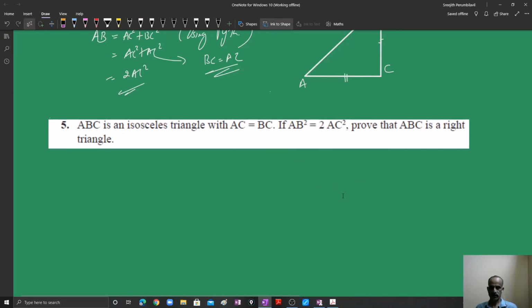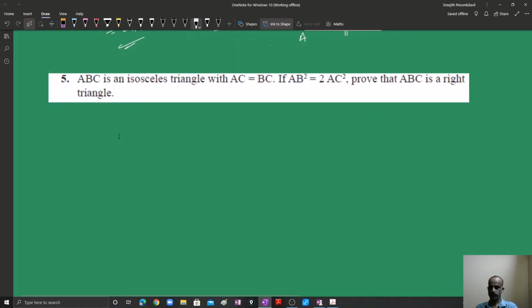If AB square is given to be 2 AC square, prove that triangle ABC is a right triangle.